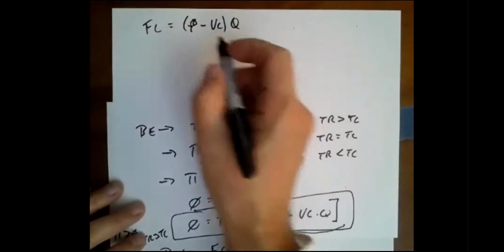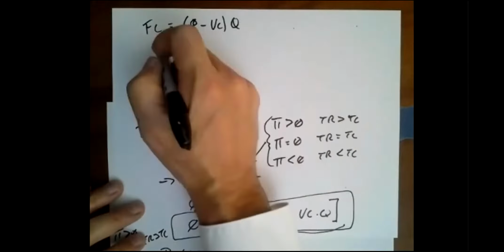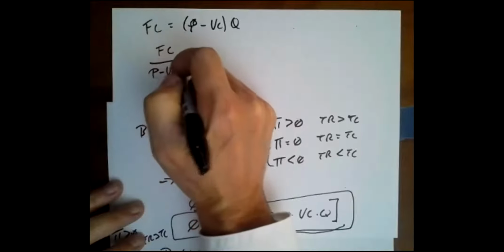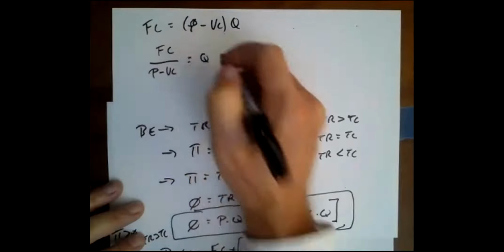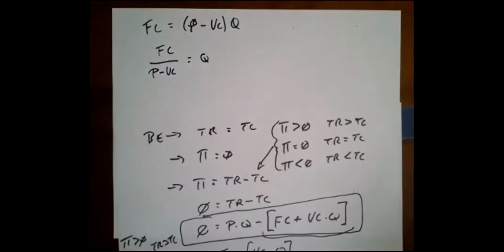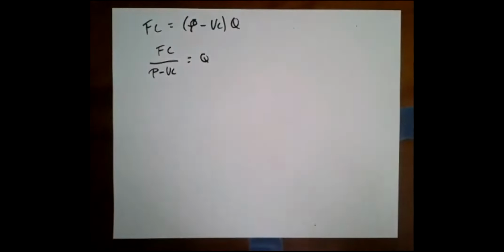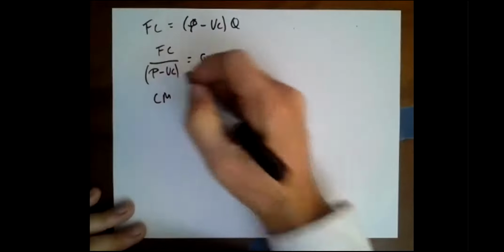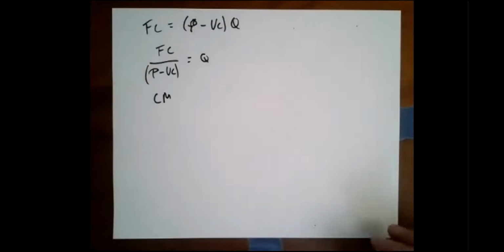We can isolate quantity by dividing through by price minus variable cost, or dividing through by the contribution margin. So fixed cost divided by price minus variable cost is equal to quantity. That's going to give us our break-even volume. And this again is what we're going to refer to as contribution margin, which I'm going to abbreviate as CM.